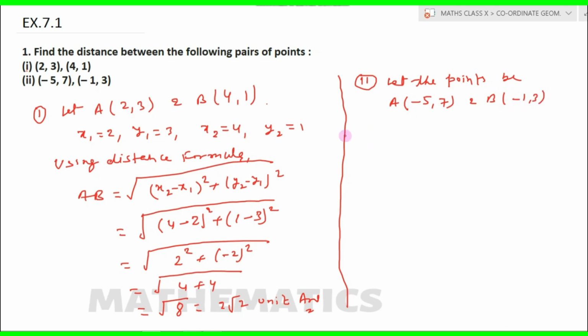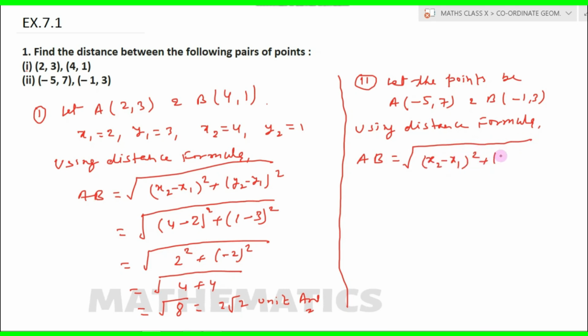So using the distance formula, we find the length of AB. AB will be the square root of (x2 minus x1) whole square plus (y2 minus y1) whole square, and then put the values.